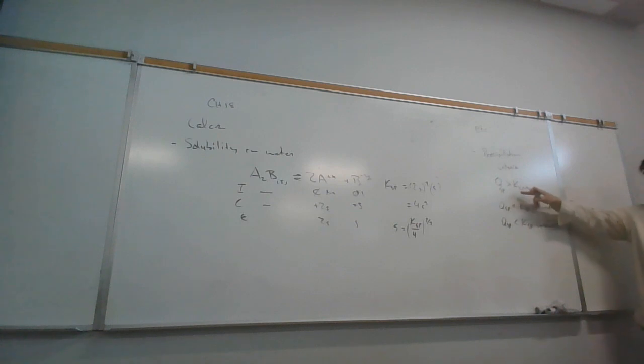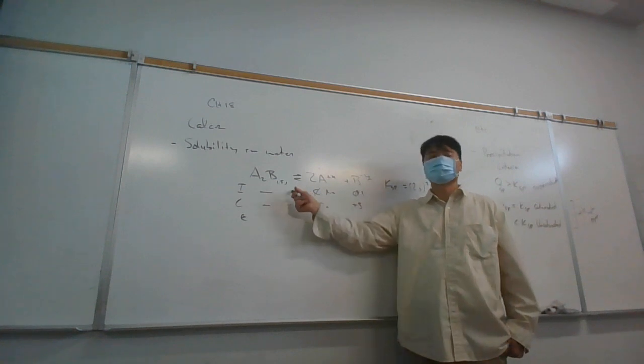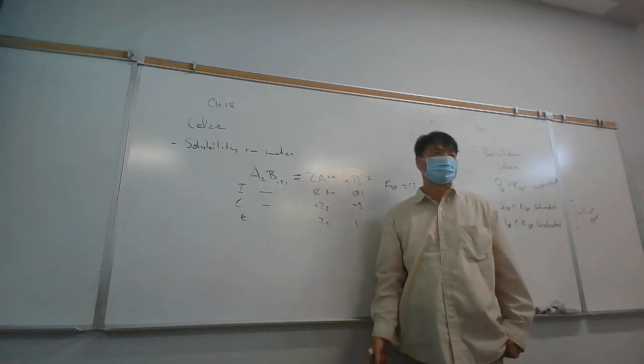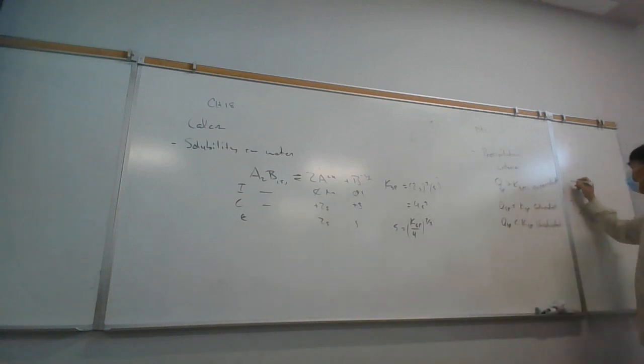However, when QSP is greater than KSP, we call that supersaturated. And that is, it has too much product. That too much product means we have to shift this reverse, and therefore we're going to have to precipitate. And so supersaturated means precipitation will occur.